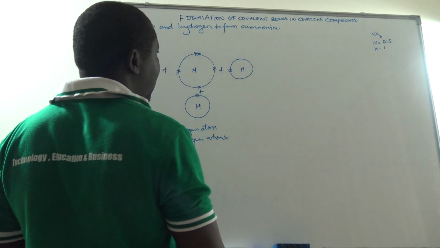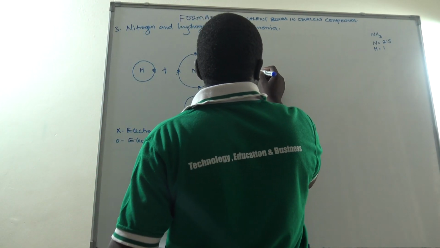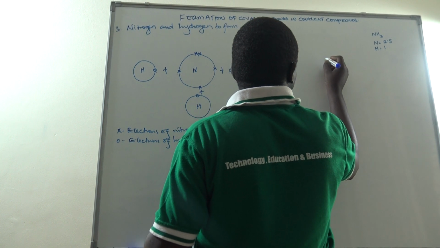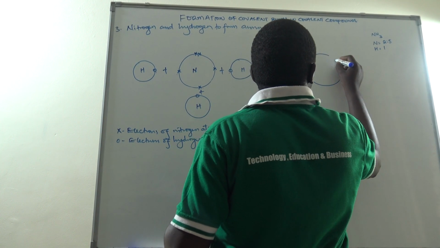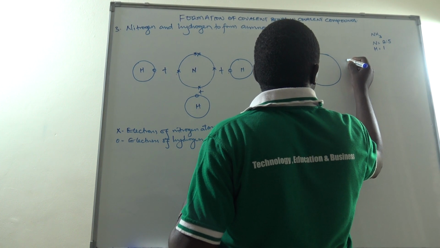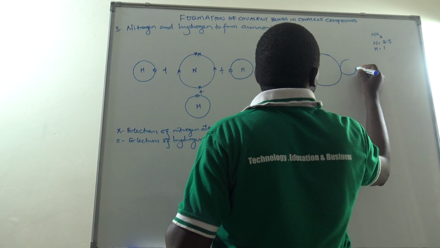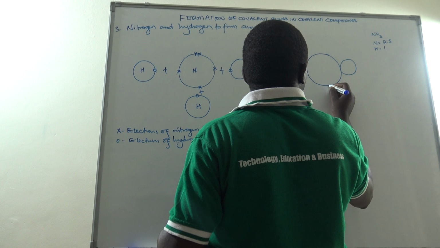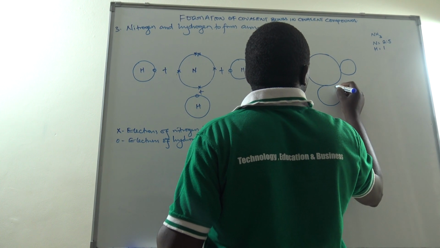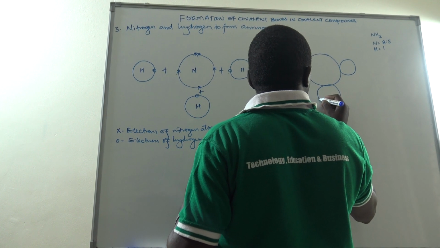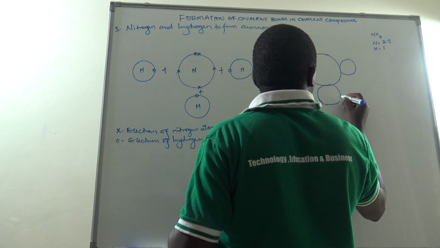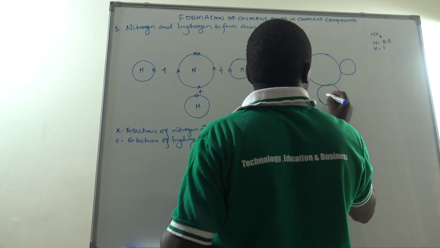So when this happens, then we get a nitrogen atom being bonded to 3 hydrogen atoms. Let me try to make them have almost the same size here.